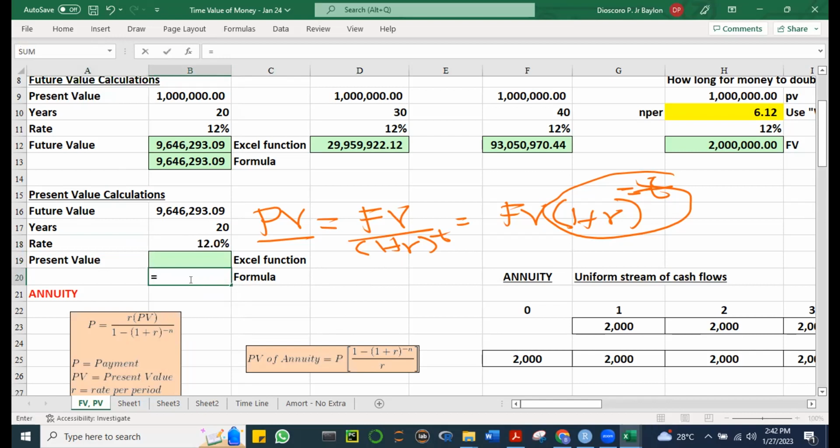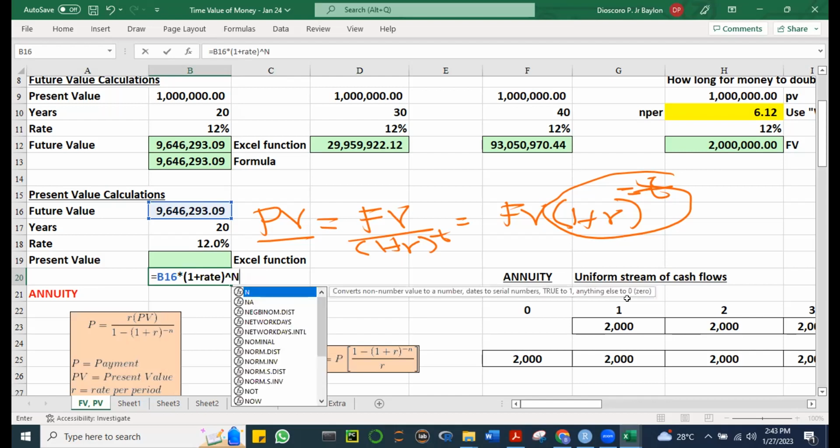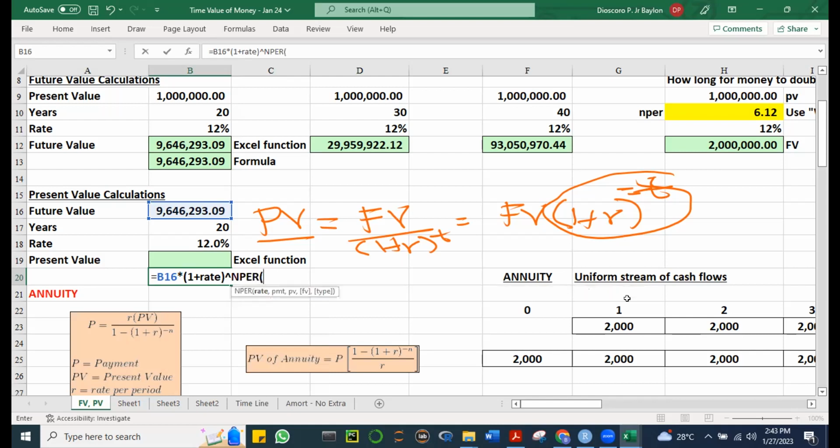So for the formula, it's equal to future value, and then multiply that by 1 plus the rate, and then raised to NPER. NPER is 20 years.